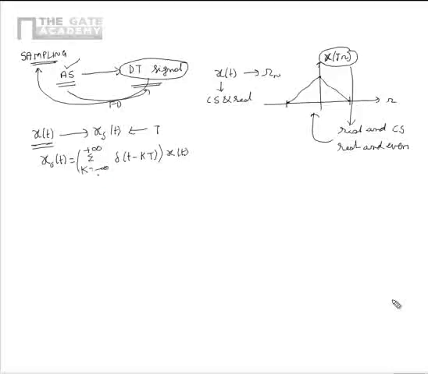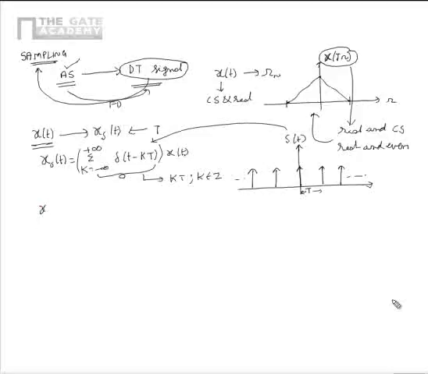From this we see that the impulse train has impulses at the instants k into t where k belongs to z. From this we can say that the impulse train looks as shown. It is a sequence of pulses which are separated by t as shown in the figure. This is the impulse train, say s of t.